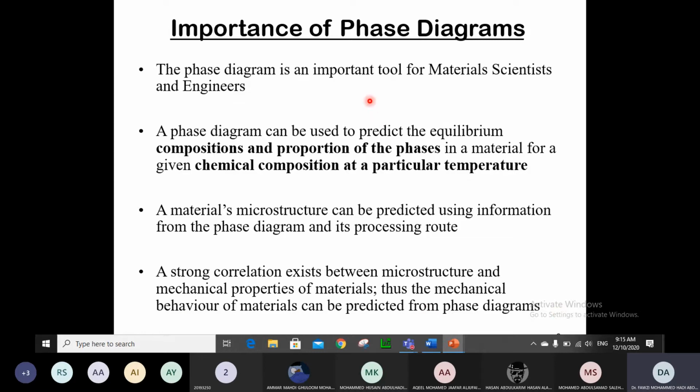If we can use the phase diagram to predict the microstructure at a certain chemical composition and particular temperature, then if we know the structure, we would know what the properties of the material are, because we know that there is a relation between the structure and the properties of the material. As we go, we are going to learn more about how to predict that.